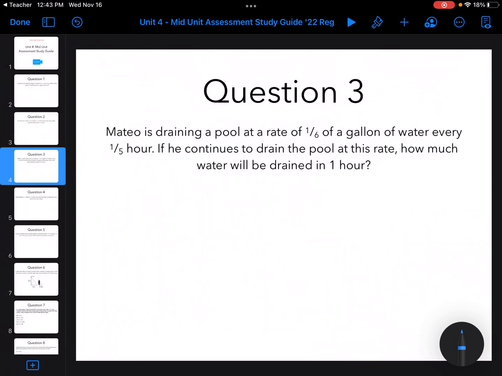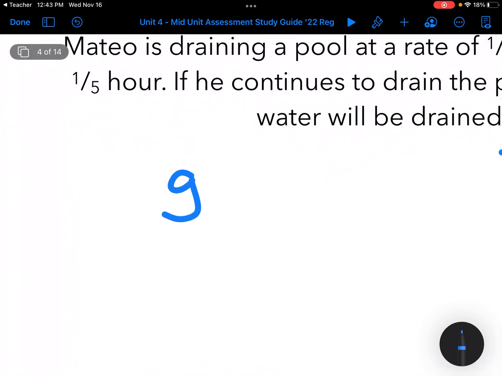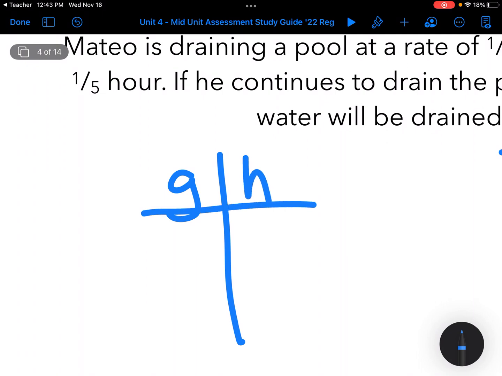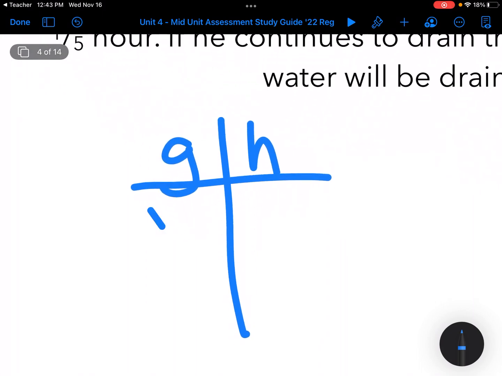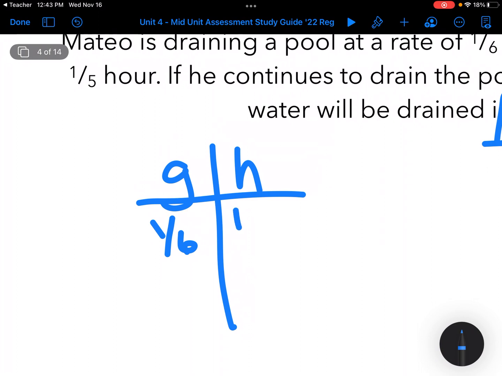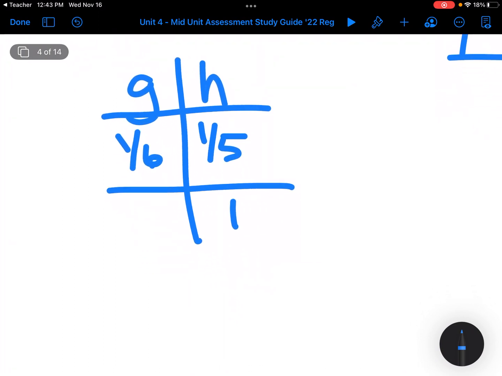All right, Mateo is draining a pool at a rate of 1/6 of a gallon of water for every 1/5 of an hour. If he continues to drain the pool at this rate, how much water will be drained in 1 hour? So we've got gallons and we've got hours. So it's 1/6 of a gallon in 1/5 of an hour. And they want to know after 1 hour. So I'm going to divide by 1/5.